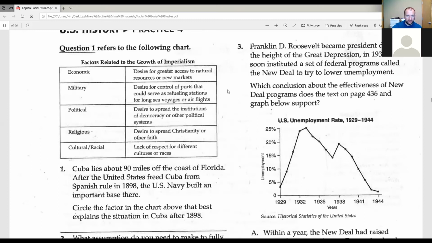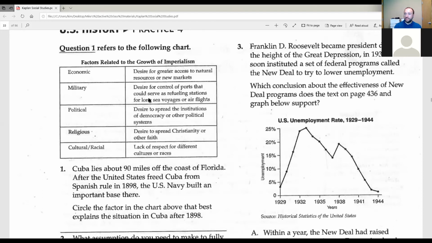Okay, and so over here, that's the factor. Here's the explanation. The desire for greater access to natural resources and markets. Economic factors can be a reason why a country wants to extend control over another country. Desire for control of ports that can serve as refueling stations for long sea voyages or air flights.